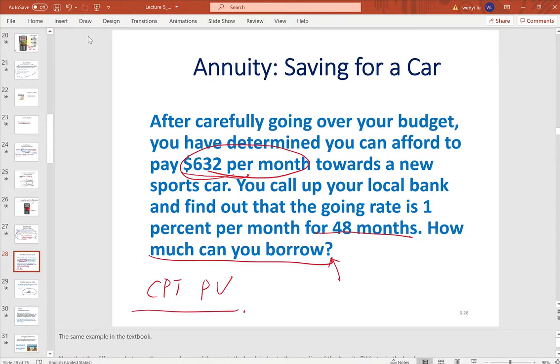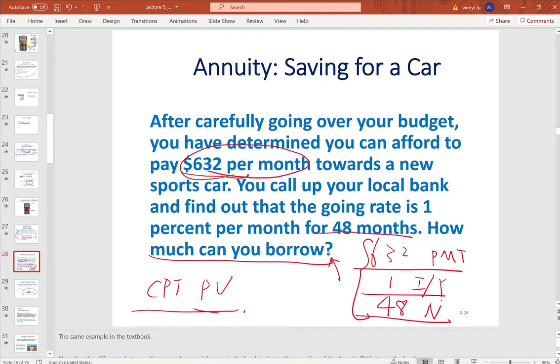You pay this amount every month, so that's the annuity, the payment. And your interest rate per month is 1%. And for how many months? 48 months. So based on these three inputs, you solve the present value.